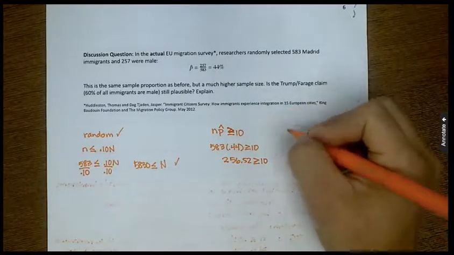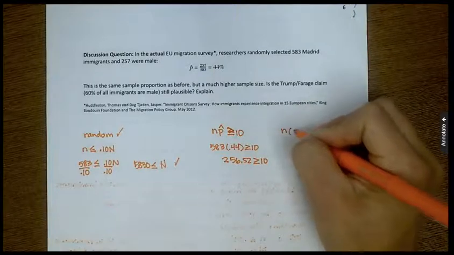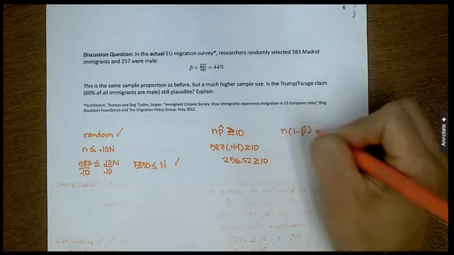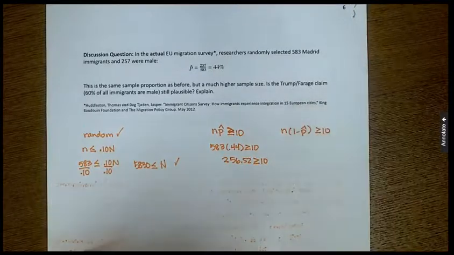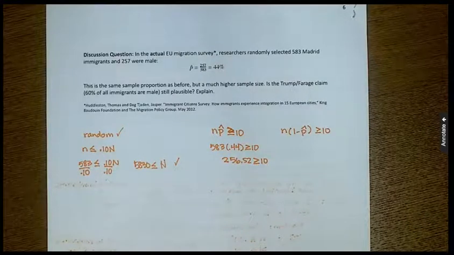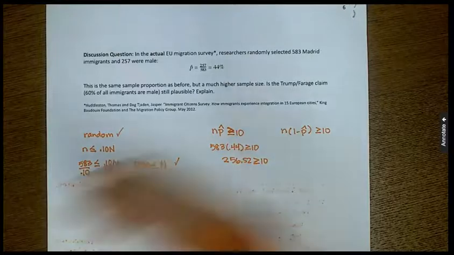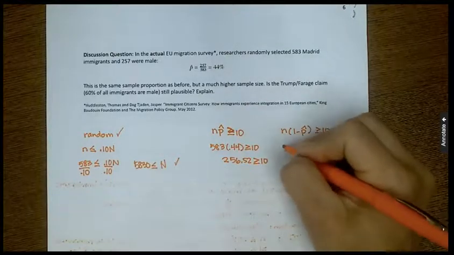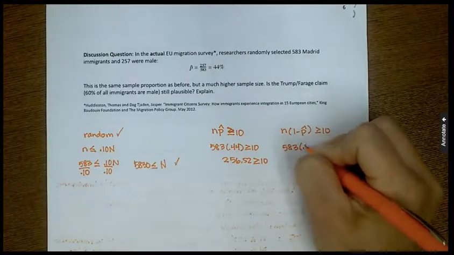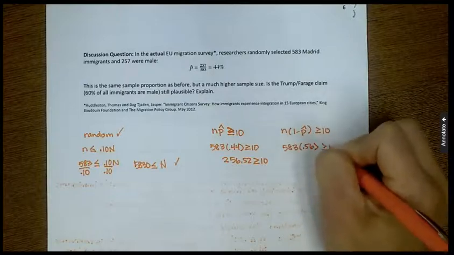Okay, and then we have n times 1 minus p hat is greater than or equal to 10. So when I go ahead and do that, I'm getting 583 times 0.56 should be greater than or equal to 10.